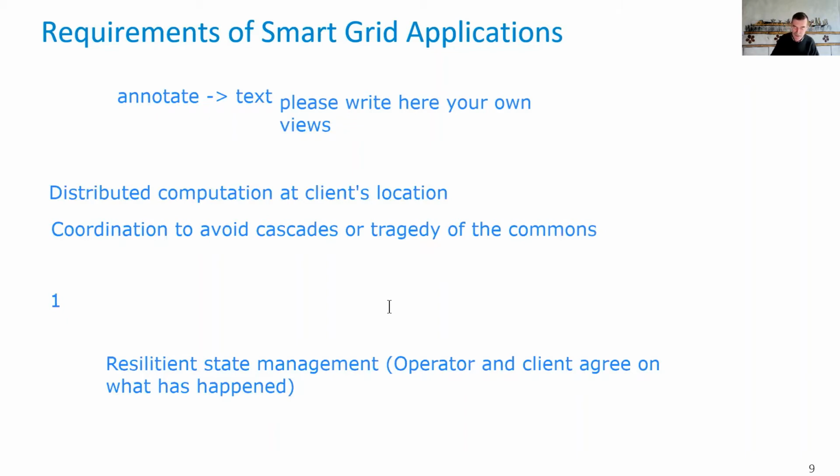But there is another aspect that I will mention now. First I need to stop the annotation. How do I? Here, more.